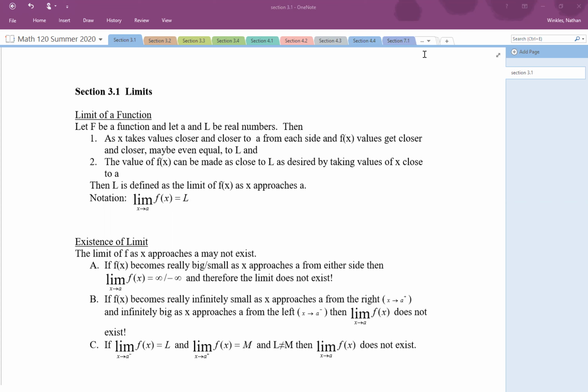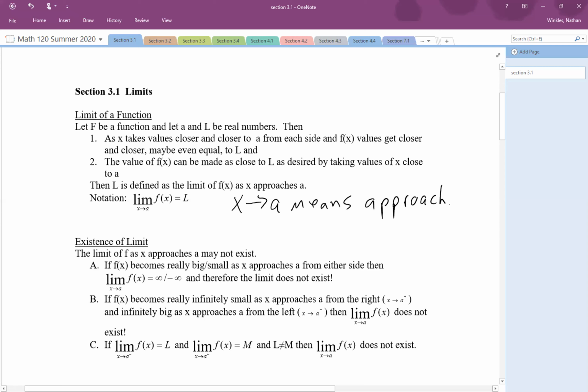So in other words, the notation we want to use is the limit as x approaches a of f of x equals L. This x goes to a means approaches. That arrow means approaches.